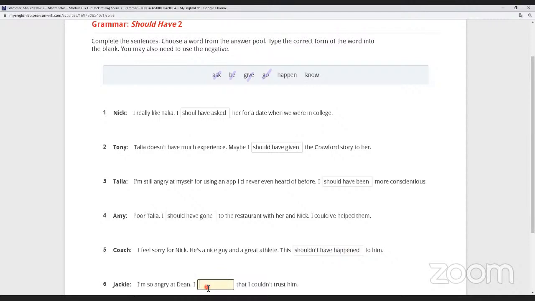I should have known that I couldn't trust him. Could you please repeat this word? The pronunciation is athlete. Okay. Athlete. Athlete. Yes, great. It's great now.